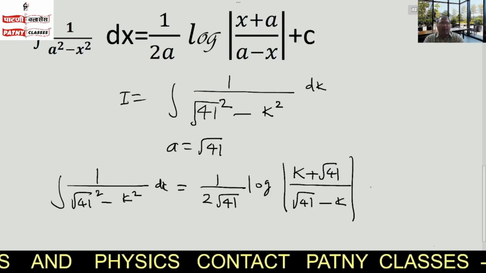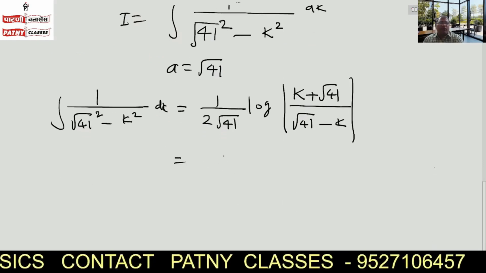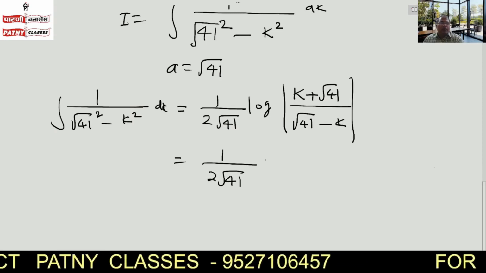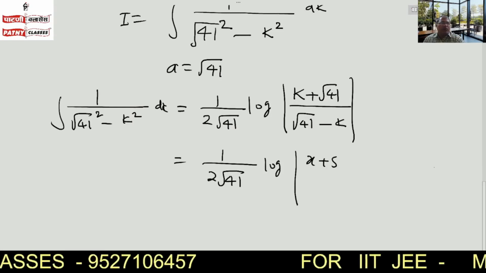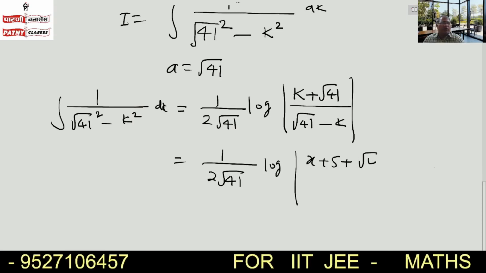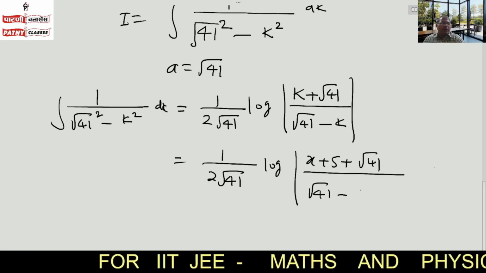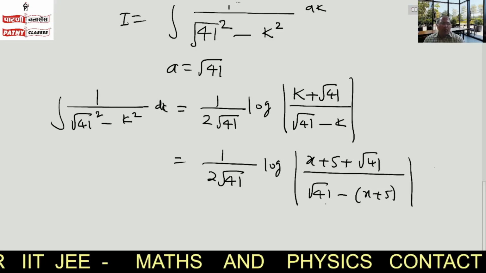Now putting back the value of k equals to x plus 5. So 1 upon 2 root 41 log of, putting the value of k here, root 41 plus x plus 5 upon root 41 minus x plus 5. Modulus is over.